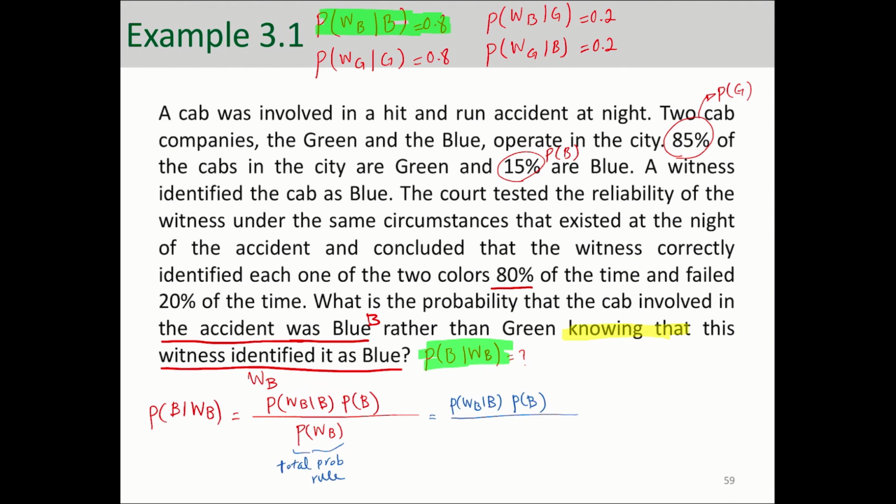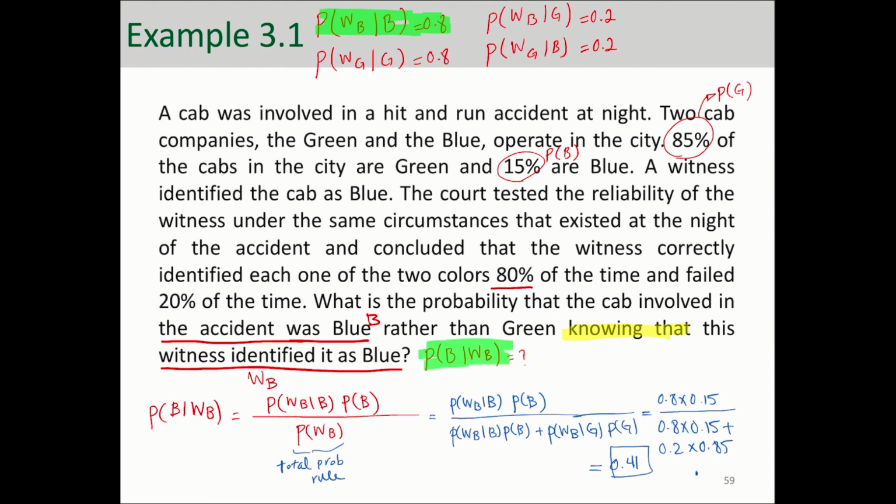But using the total probability rule means probability of WB given B times probability of B plus probability of WB given G times probability of G. And now you have all the pieces here. You need to replace them with the numbers that you got here. And when you do the math here, that is equal to 0.41. So it's a 41% chance that the cab is blue when the witness says it's blue.